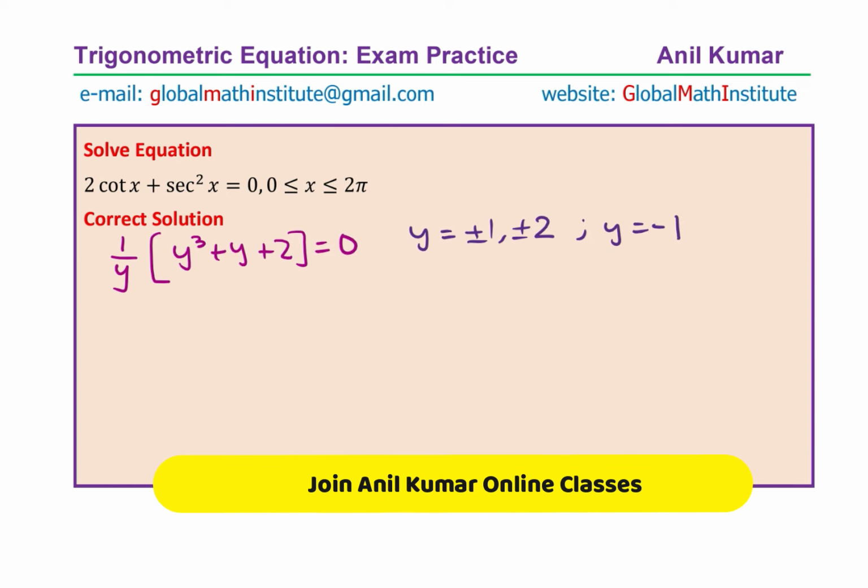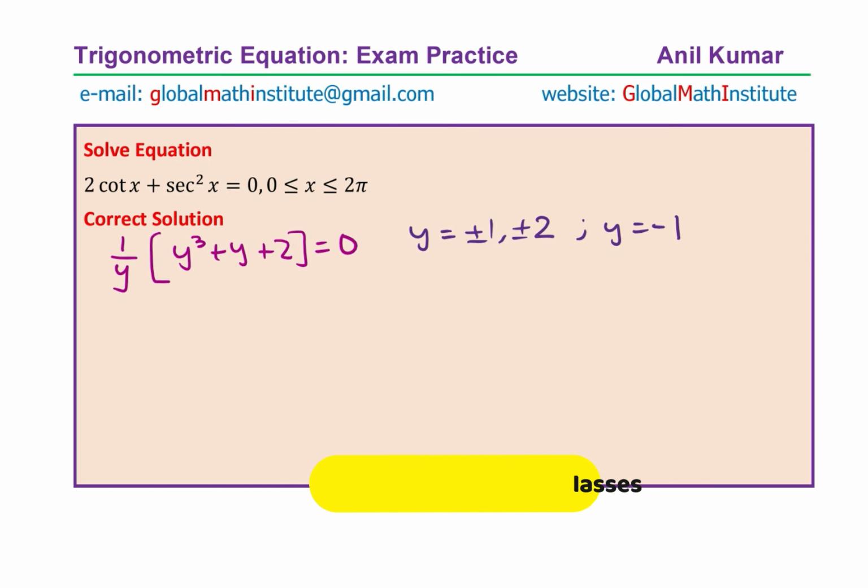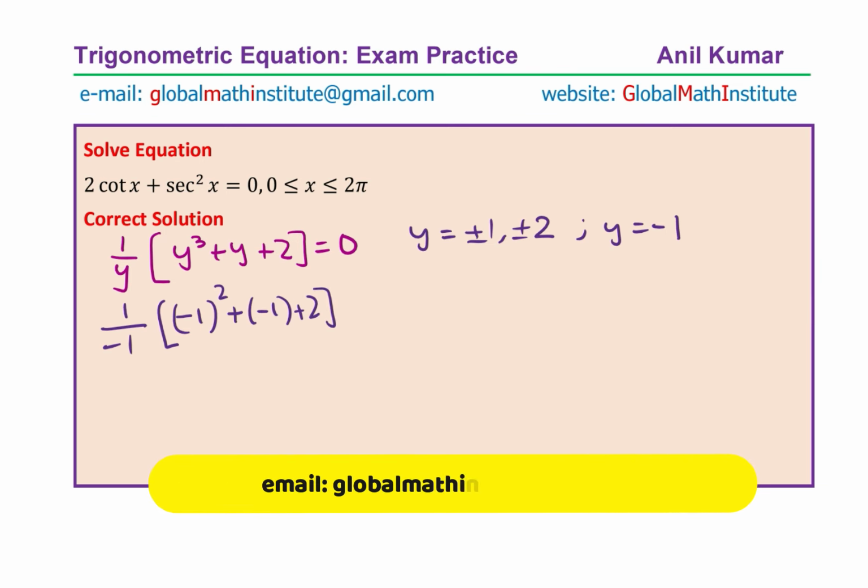That means y plus 1 is a factor. We get 1 over minus 1 times minus 1 cube plus minus 1 plus 2. It is indeed equal to 0.